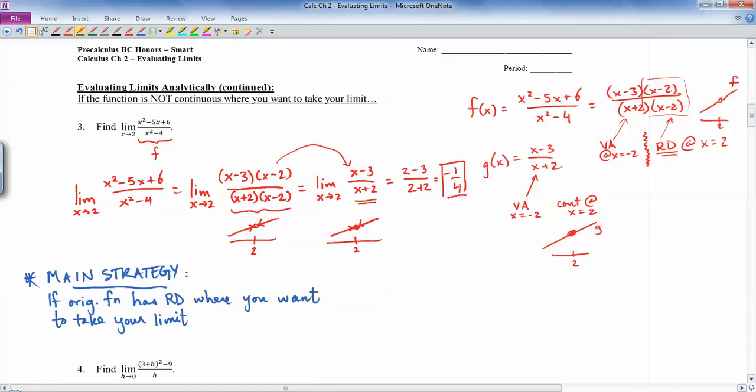It had a hole at x equals 2, so we couldn't just plug in 2 because it wasn't continuous there. Well, then the goal is to try to come up with an extended function that is continuous at that place.